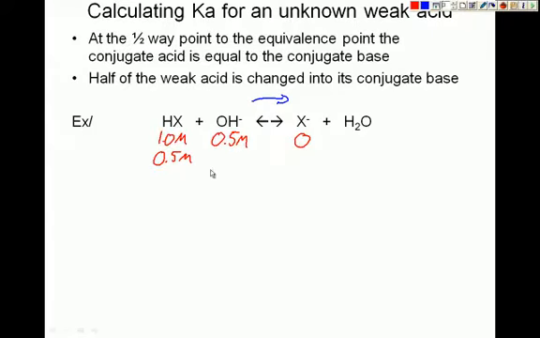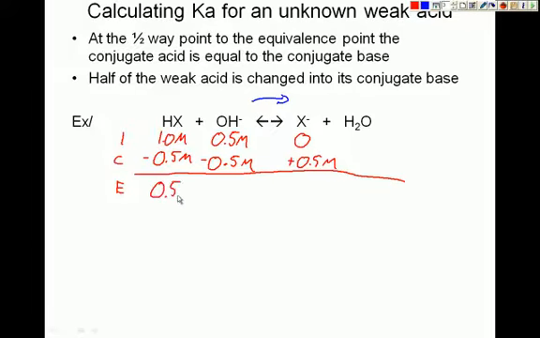Since all of this reacts, it's also going to decrease by 0.5 molar, and therefore X minus is going to increase by 0.5 molar. So if this was our ice table, what we see is HX is going to be 0.5 molar, this one is going to be approximately 0 molar, and X minus is going to also be 0.5 molar.